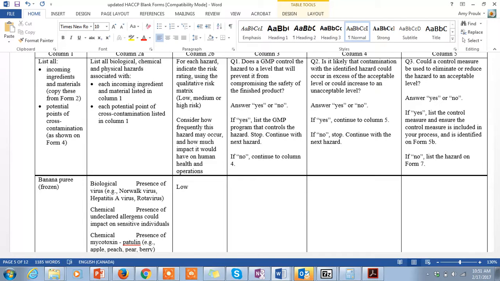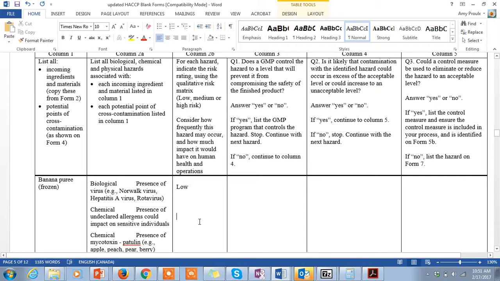Now again, this risk profiling is partly a thought exercise, but if you were working in the real industry, you would think about what are the sort of supplier controls that my supplier is going to have in place. Are they using a good agricultural practice certification to make sure that agricultural workers are not going to be cross-contaminating the product?